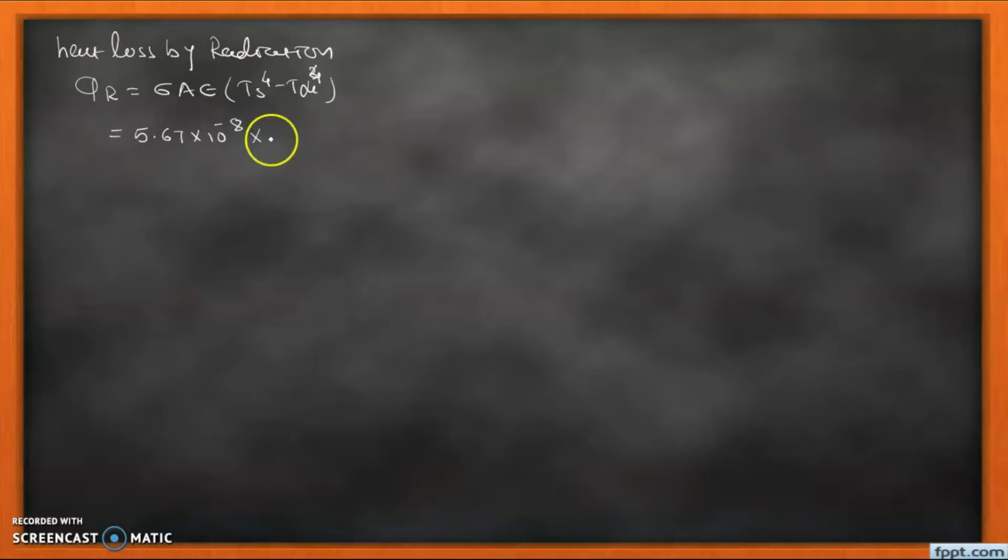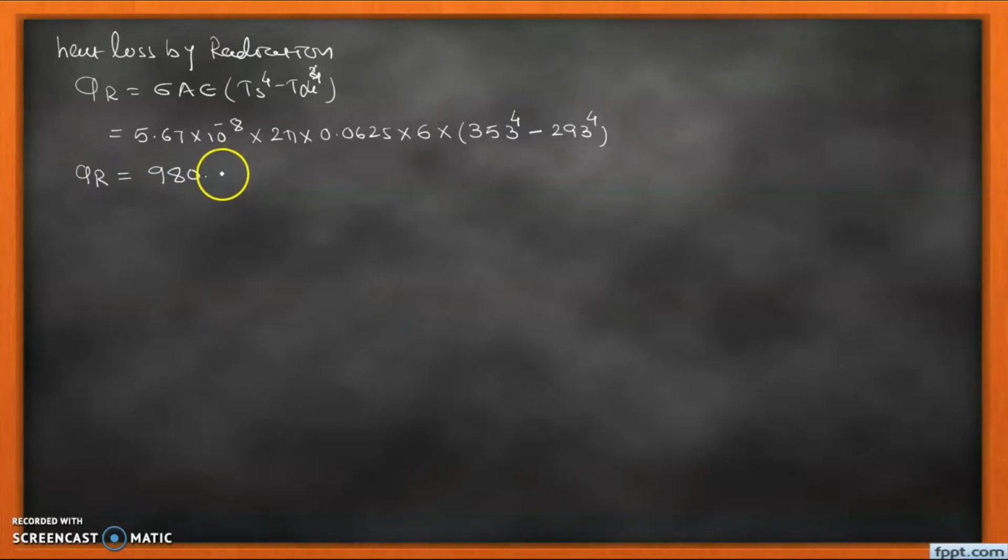The area is 2 pi r into L. So 2 pi is constant, the radius is 0.0625 meter, the length of the pipe is 6 meter, and the temperature difference term is 353 to the power 4 minus 293 to the power 4. So we get the value of QR, the heat loss by radiation, as 980.32 watt.